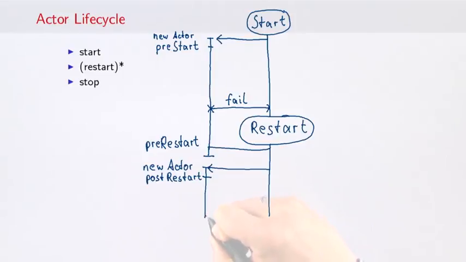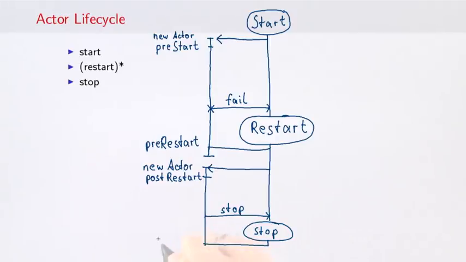After a while, let us say the actor wants to stop. It signals this to the actor context, which will initiate the stop procedure. As part of this, the last hook will be run, called postStop, and then the actor instance will be terminated.